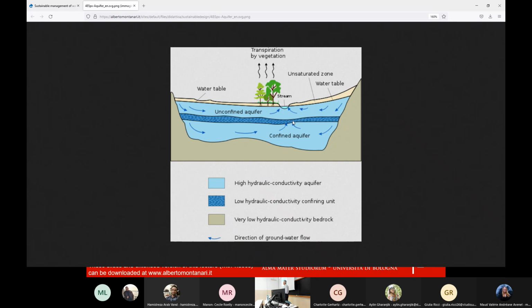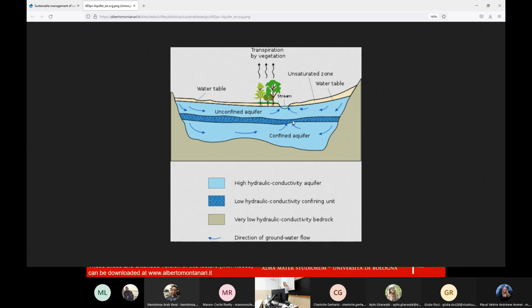Usually this first aquifer that you find in the underground, if the soil is permeable, is unconfined, which means that above the water table you don't have an impervious layer, a limited permeability layer that in a way protects the aquifer and keeps it under pressure. The water is free to go up.